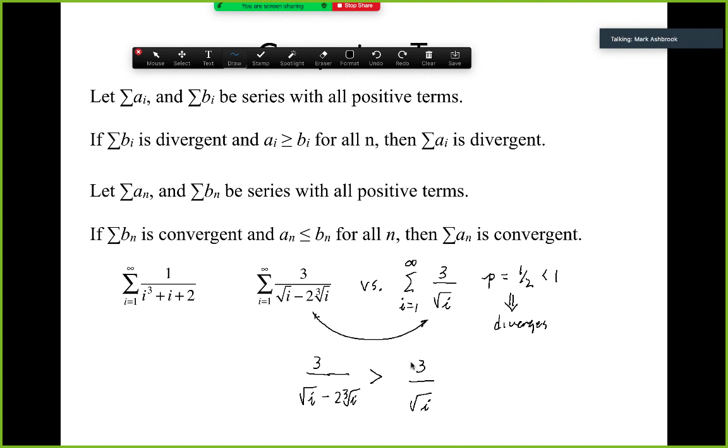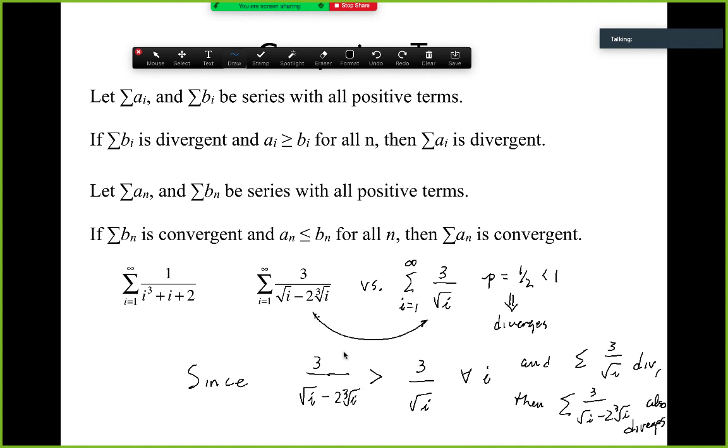And what do we say about this one? When you add up all these terms, it diverges, and now we have a bunch of terms that are all greater than those terms. Conclusion? For every i, the terms are greater, and the comparison series diverges, so ours also diverges.